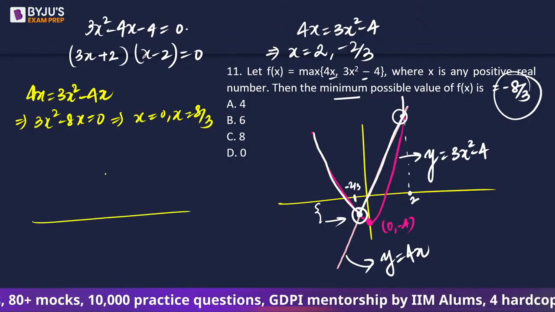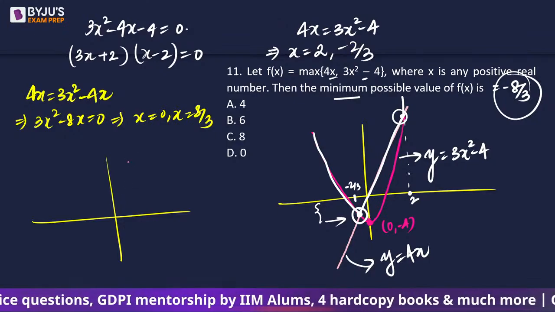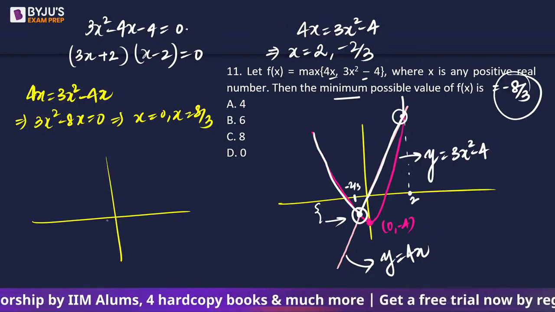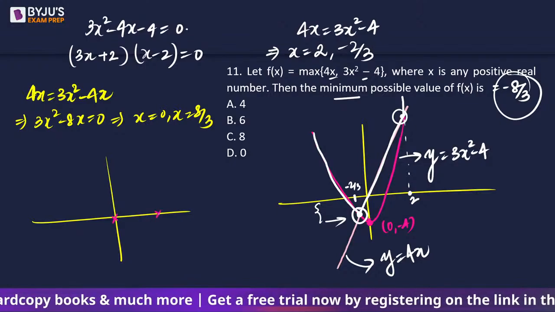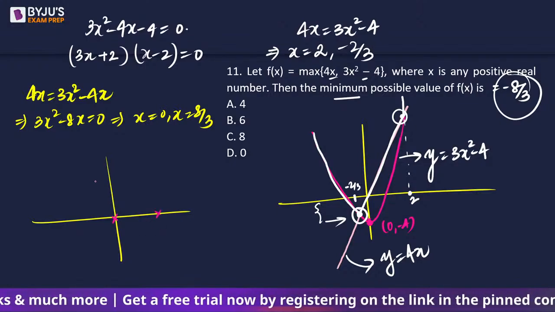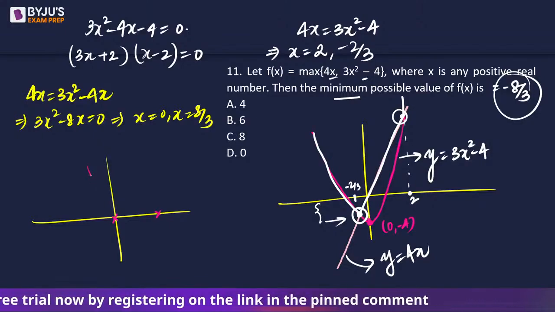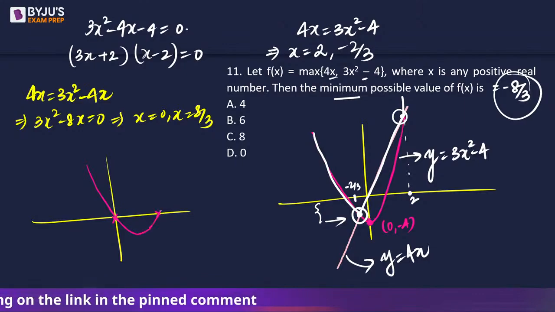So if I draw the graph of the parabola, it will be at 0 and it will be at 8 by 3, which is around 2 point something, right? These are the two places where they meet. So this is the graph of the parabola.